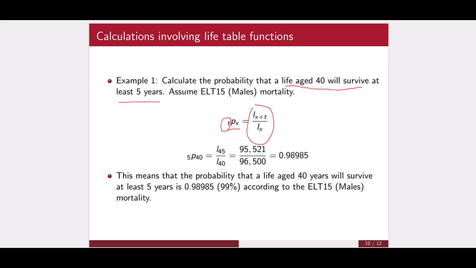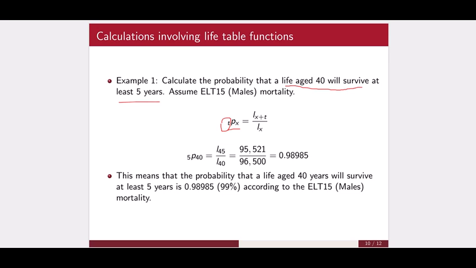So we are looking for 5p40. 5p40, we express it in terms of the Lx function as Lx plus t, which means we should add the x and the t, 40 plus 5, to get L45, and for Lx we would just get the L40 because this is the individual's age.